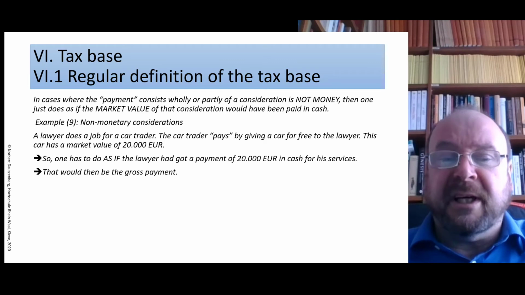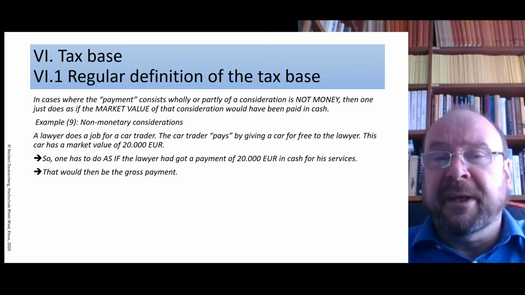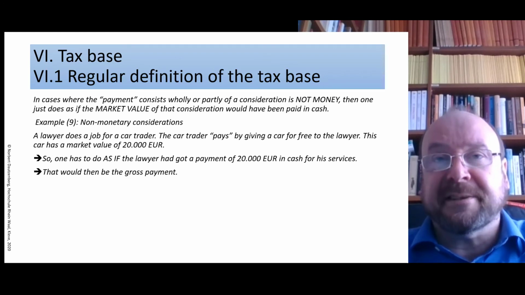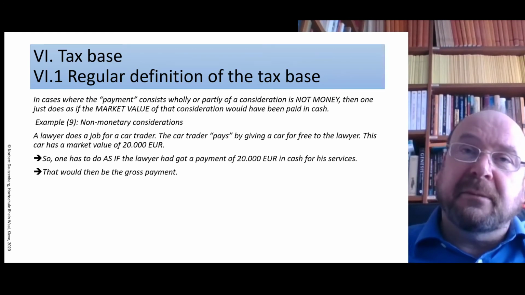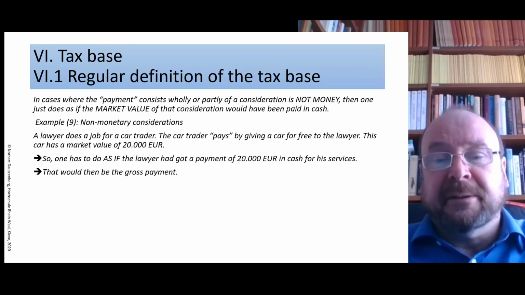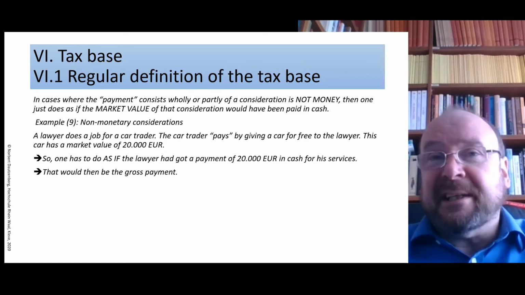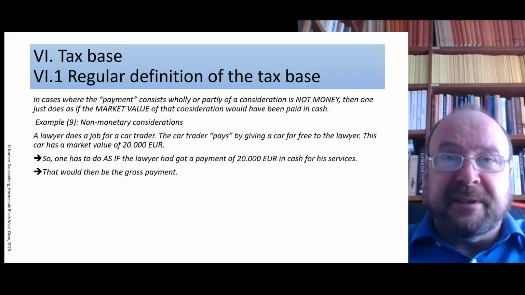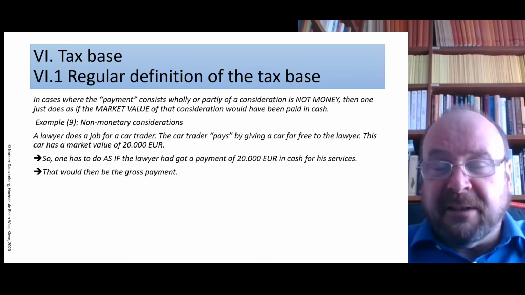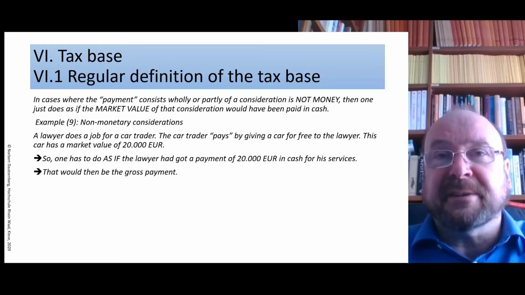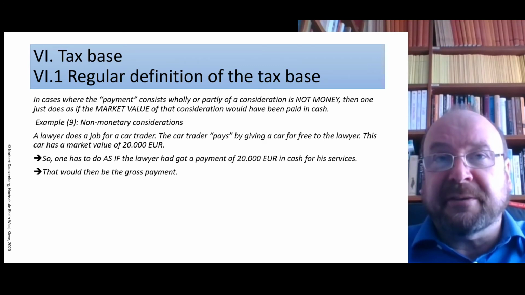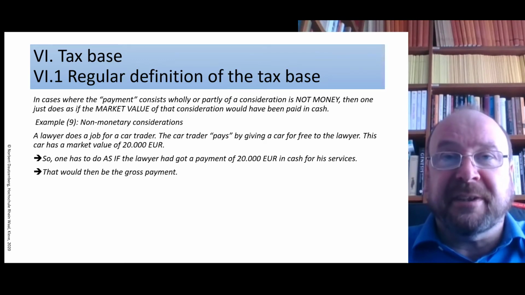So we have to do as if the lawyer had got a payment of 20,000 in cash instead, and had then immediately afterwards bought the car for that cash. Because that can make no difference in any tax system of the world. That should be everywhere, because otherwise the system would break down if you treat barter trade differently from exchanging cash.